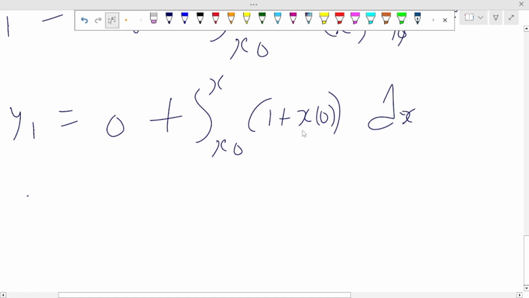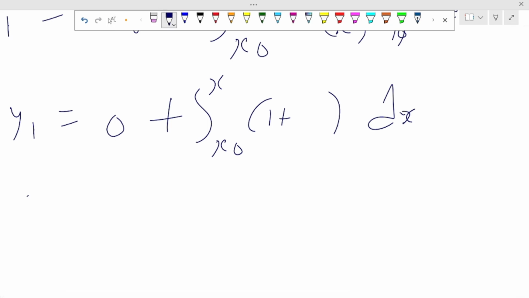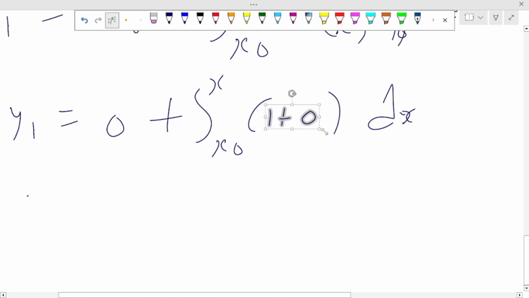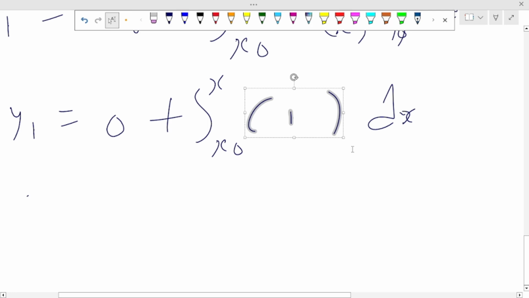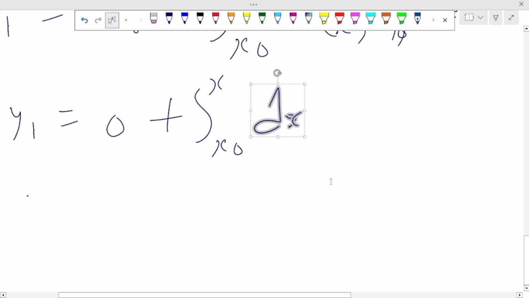So I think I should just clean this whole part out if we understand that. So everything there will be 0, and of course 0 plus 1, everything will be 1. This will save our time. And of course if we have just 1 there, 1 multiplied by dx is just dx. So that's what we're going to have here, just dx.